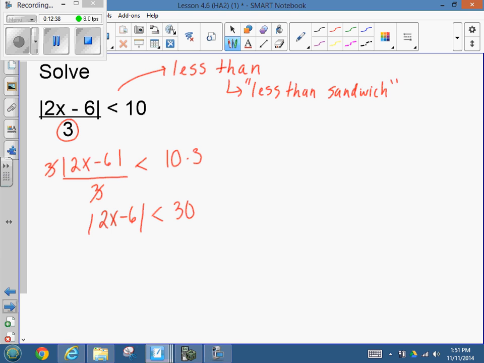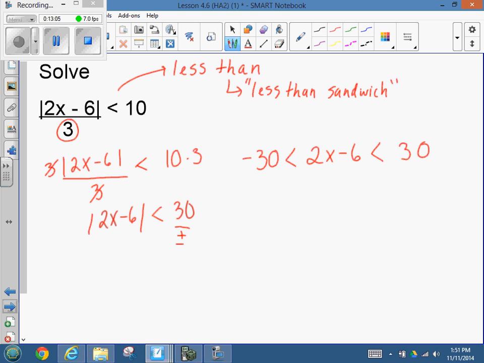Here's how we set up the sandwich. You're going to focus in on this 30 and the fact that the 30 can, again, be plus or minus. On the lower half of the sandwich, you're going to put a negative 30, a less than symbol. Whatever is inside the absolute value is going to go in the middle of the sandwich, a less than symbol, and then the positive value.